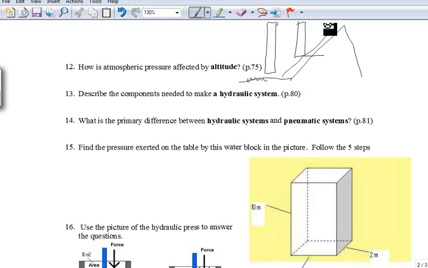So the higher up you go in the mountain, the smaller the column of air. So lower. Okay, so as you go up in altitude, pressure decreases. Pressure goes down because the column of air gets smaller.